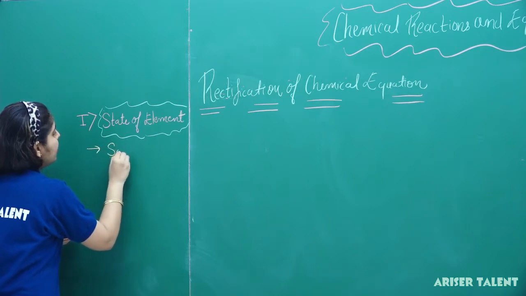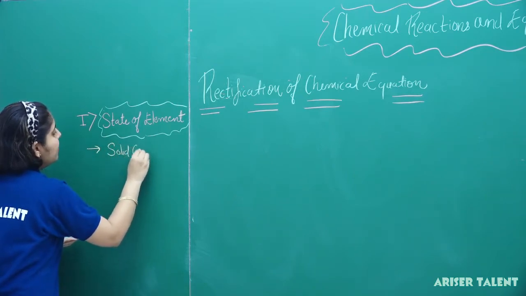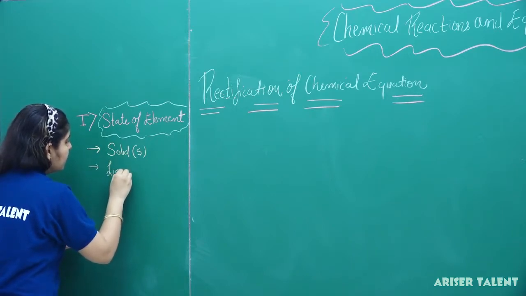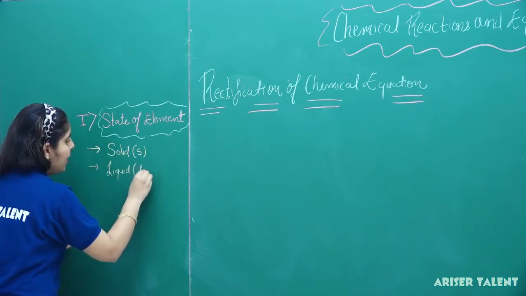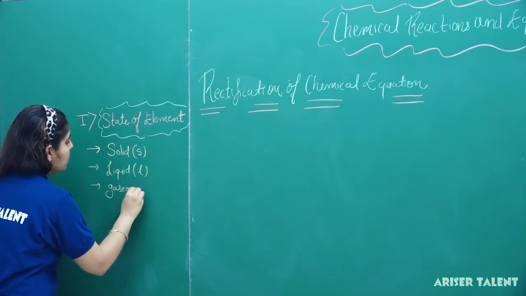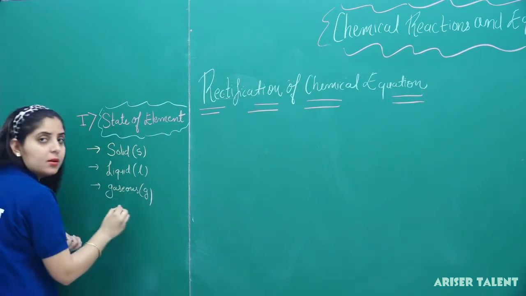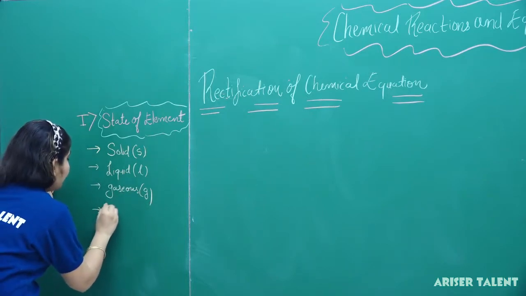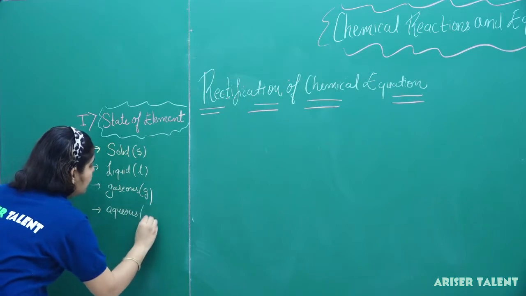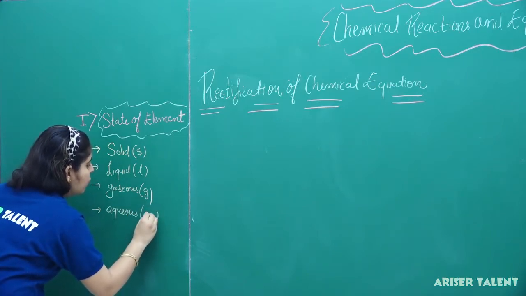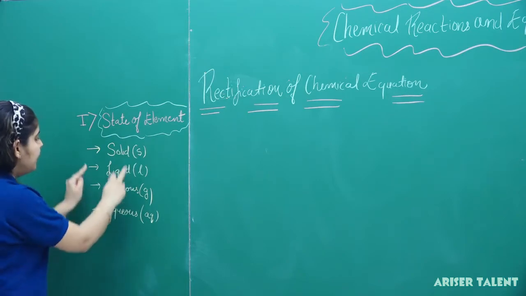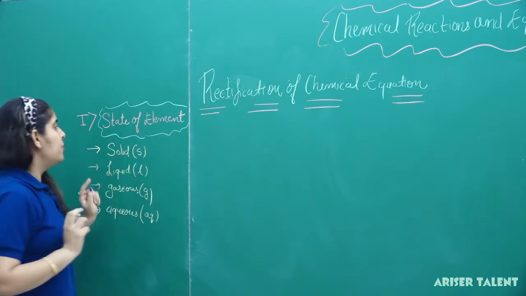If it is solid, we write small s. If it is liquid, we write small l. If it is in the gaseous form, we write small g. And if it is in the aqueous form, aqueous meaning water is dissolved in it, we write aq. So the state of the elements is represented by these symbols.